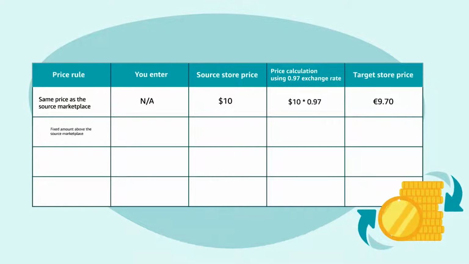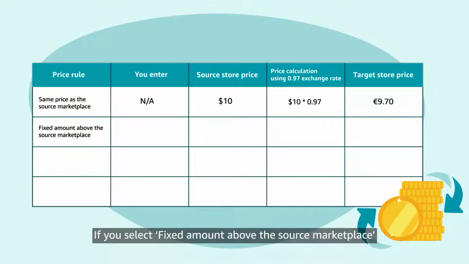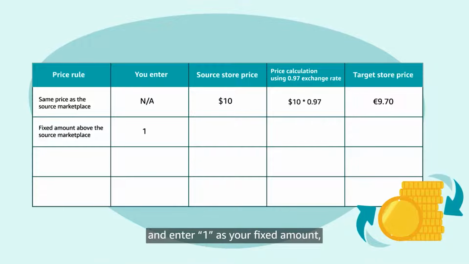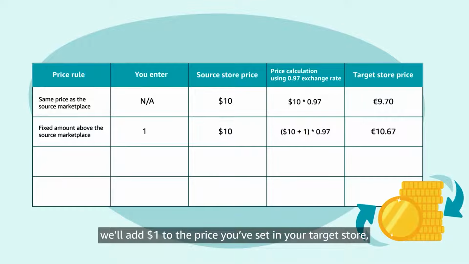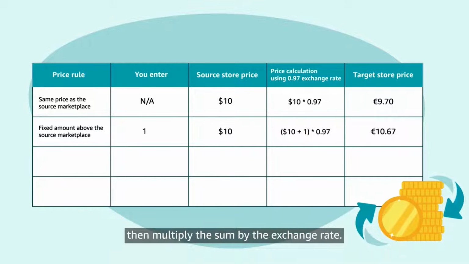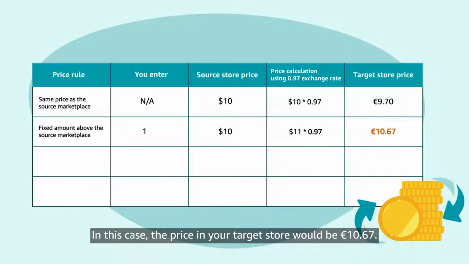If you select fixed amount above the source marketplace and enter 1 as your fixed amount, we'll add $1 to the price you've set in your Target store, then multiply the sum by the exchange rate. In this case, the price in your Target store would be €10.67.